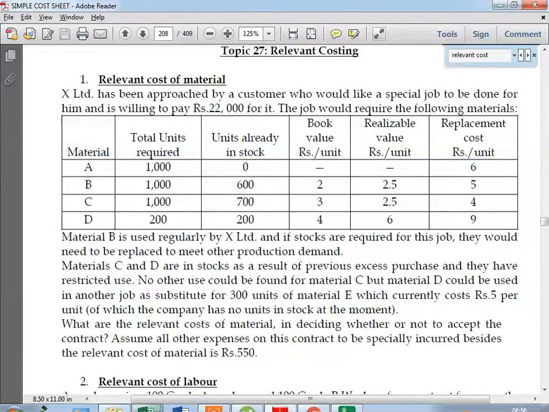The relevant cost is the current purchase price, which is equal to 6,000, in bracket 1000 units into 6, which is equal to 6,000. In exam you may not write such detailed notes unless it's required, so I'll later on tell you when to write, when not to write. In the main statement you can write 6,000.